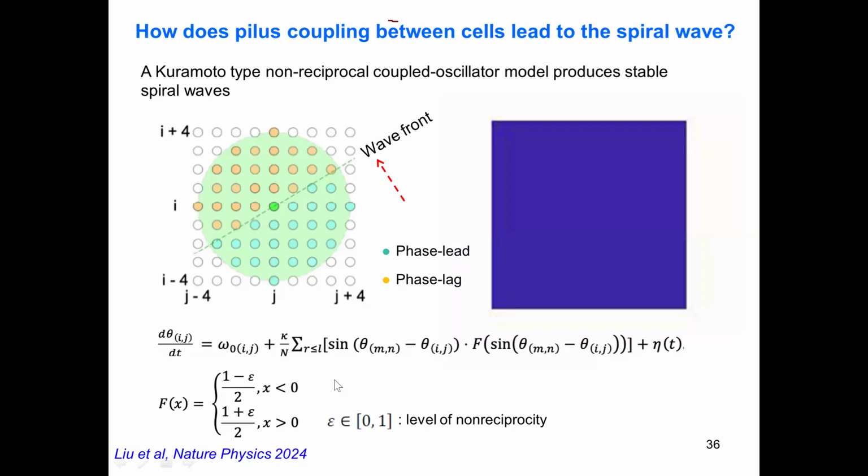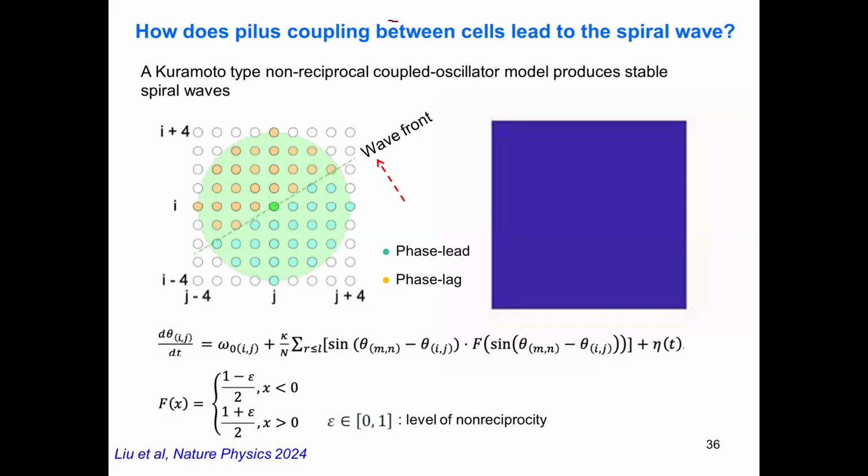So in the case of epsilon equals 1, that's full non-reciprocity. In that case, the oscillators leading in phase would affect the oscillators lagging in phase, but those lagging in phase would not affect the ones leading in phase at all.